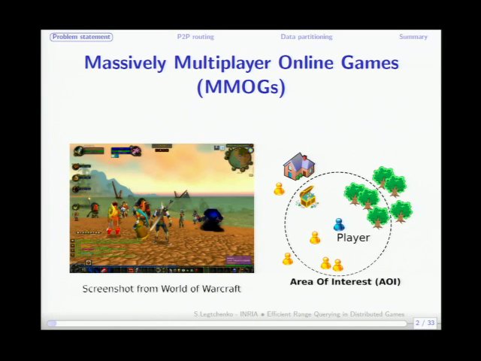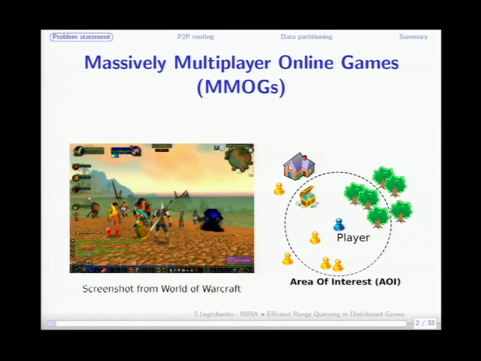So massively multiplayer online games, or MMOGs, offer a vast virtual environment which players are able to freely explore. Any player in the game is able to interact with virtually any object or other player in the game.